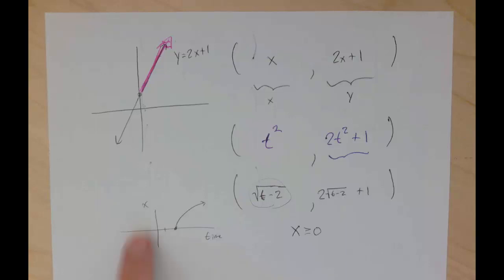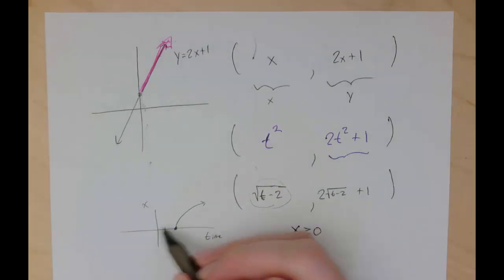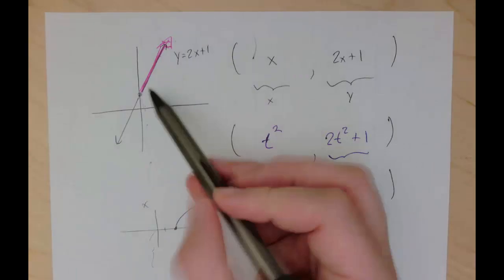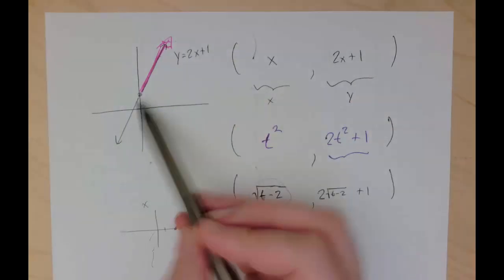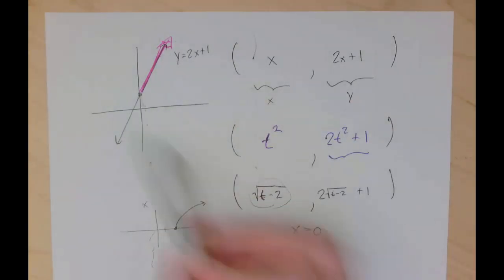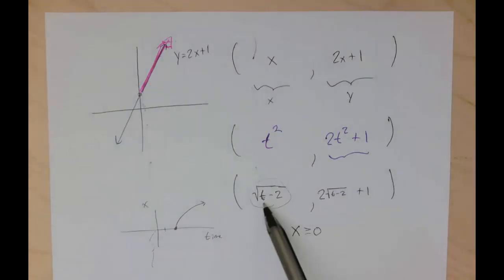So what I'm really interested in is what are the x values that I can get? And you can see the range of this function only covers x values that are greater than or equal to 0. I can't get any negative x values. So what that means is that the part of this graph which has negative x values will never get drawn because there are no times which would produce the negative x values which might draw that part of the graph.